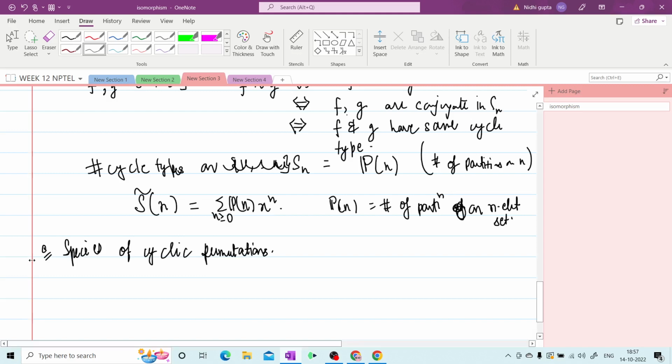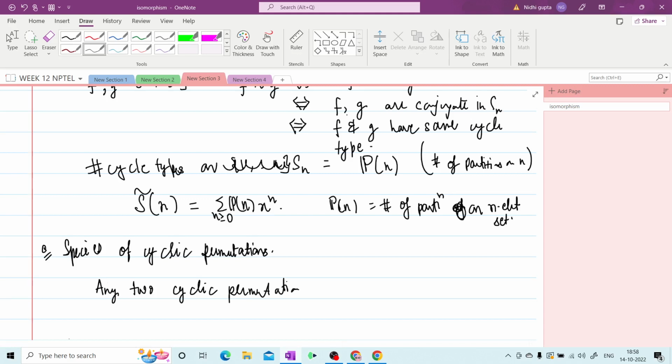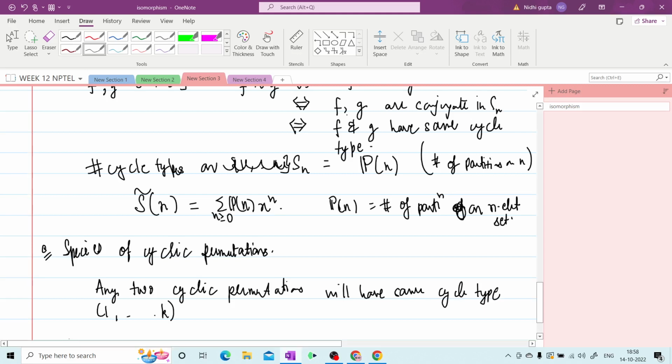For this species also we see that C tilde n is a subset of the above one, and the transport functions were the same. So any two cyclic permutations will have the same cycle type, 1 to k.